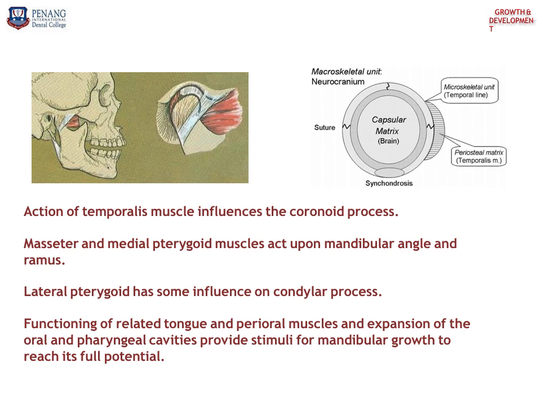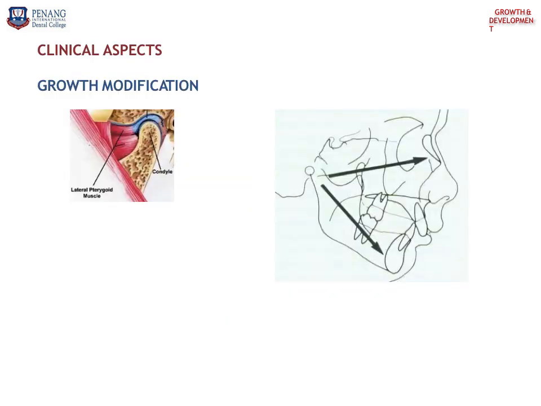And all these periosteal matrices with their subsequent microskeletal units are together in the orofacial capsule, which will expand as the functions of the tongue and perioral muscles take place, and the entire expansion will make sure that the mandible also grows down and forward with time, apart from the local changes happening in its shape and size. So it is the translation plus transformation leading to the growth of the face.